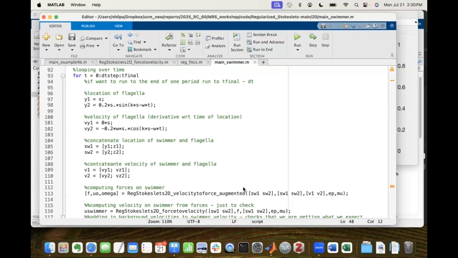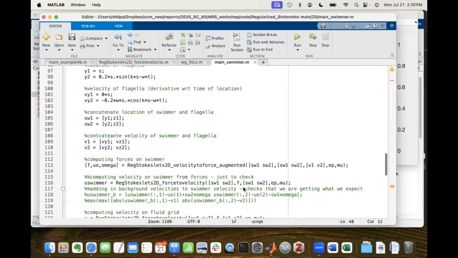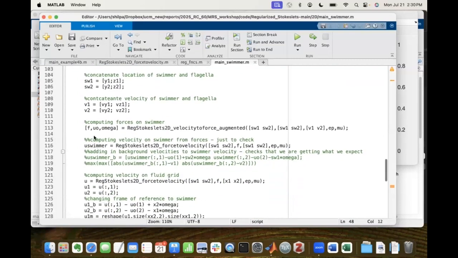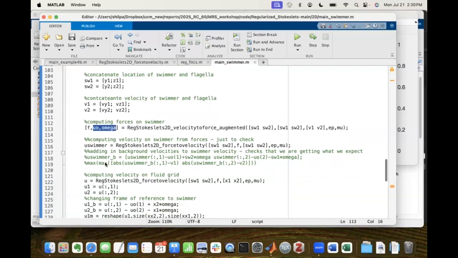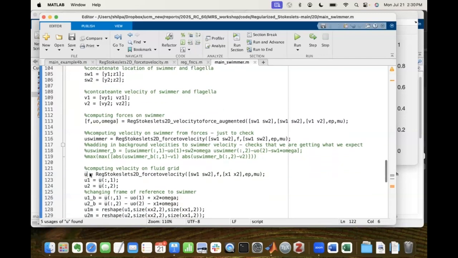But in the plot, you subtract those? Yeah, exactly. Here's where I solve for the forces and I get back out a translational and a rotational velocity of the swimmer. Then I compute the velocity on the grid and change the frame of reference of the swimmer. So I subtract out the translational and rotational velocity that I've solved for.